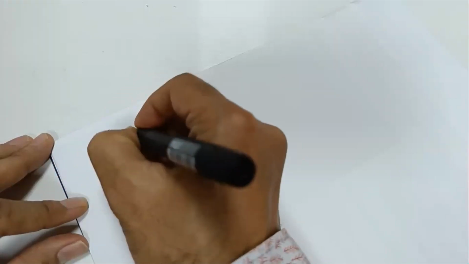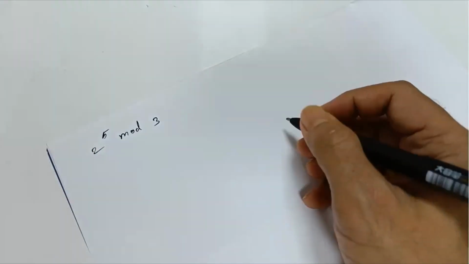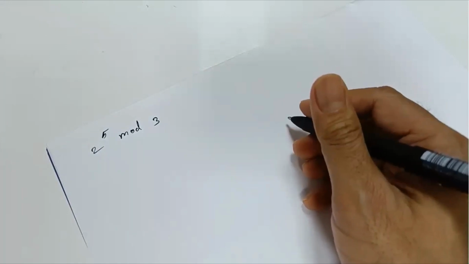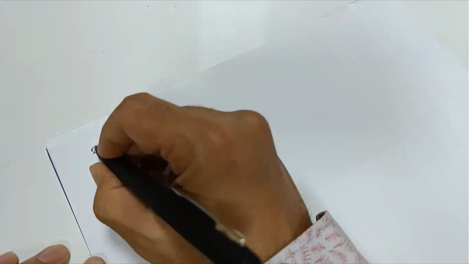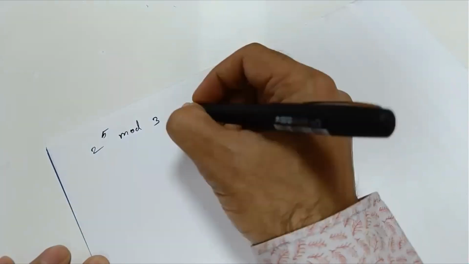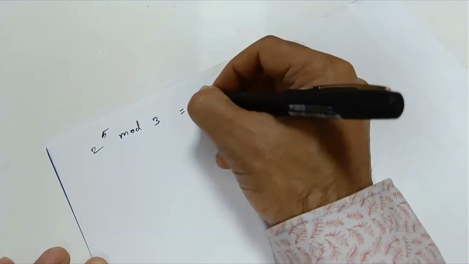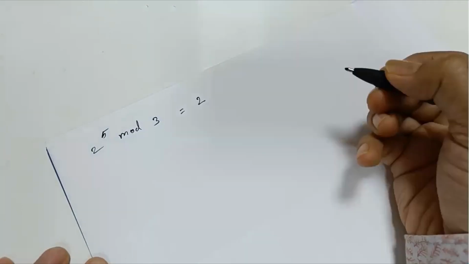So let us see a few more examples here. If I ask you to calculate 2 raised to 5 mod 3, it is 32 mod 3, so that will be 2. Yes, correct.